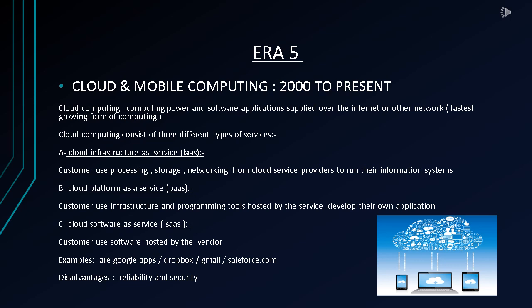First, cloud infrastructure as a service. Customers use processing, storage, and networking from cloud service providers to run their information systems. Second, cloud platform as a service. Customers use infrastructure and programming tools hosted by the service to develop their own applications.